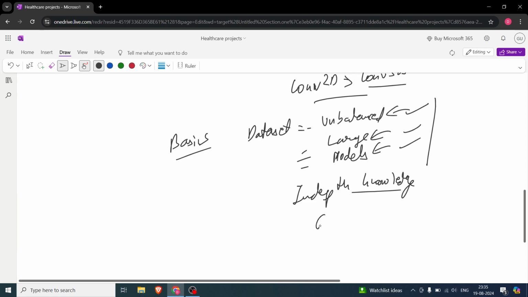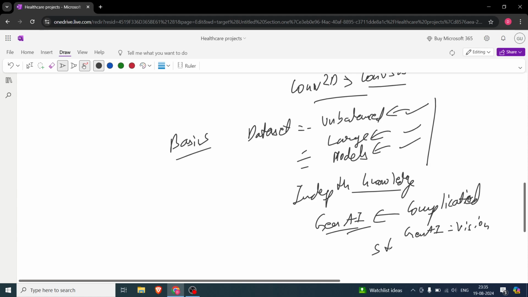Yes, if you want me to say now try using Gen AI, this is a complicated topic, and I am almost sure that we can definitely use Gen AI in solving most problems, even image problems. We can use the models that Stability AI and OpenAI use, like DALL-E and other things, Imagen.